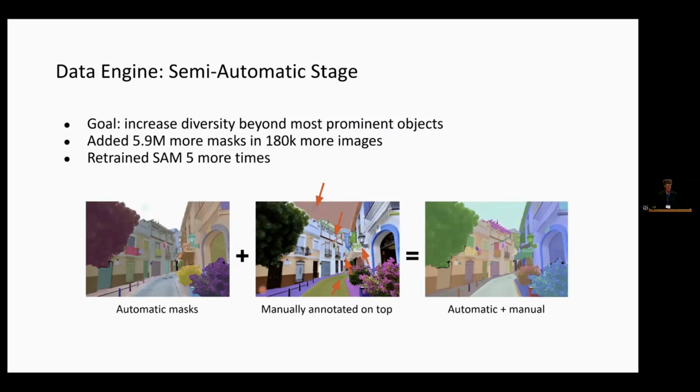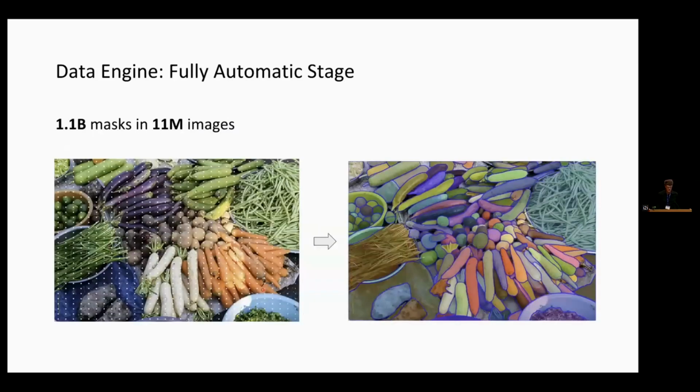We fed that detector through our model, SAM, to get masks. Then we gave those masks to the annotators and told them to annotate something else. That was a kind of semi-automatic way to push the mask diversity to different types of objects. In this phase, we annotated another 6 million masks on another 180,000 images and retrained the model 5 more times.